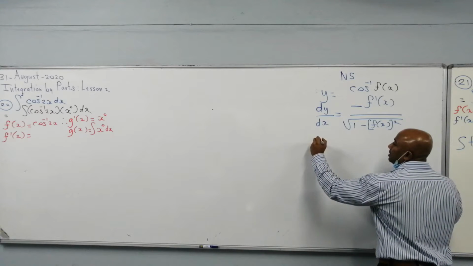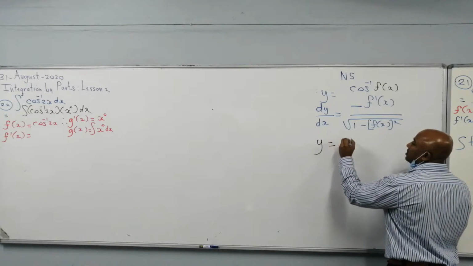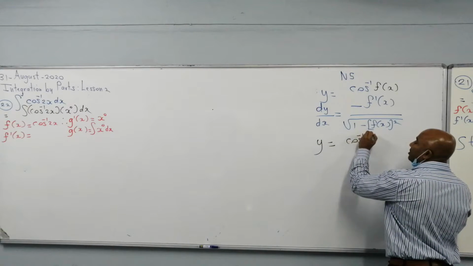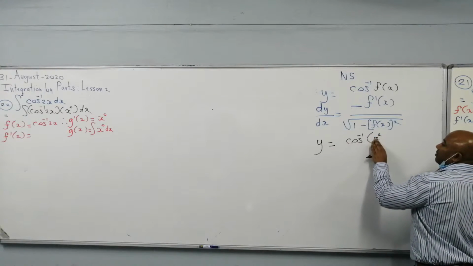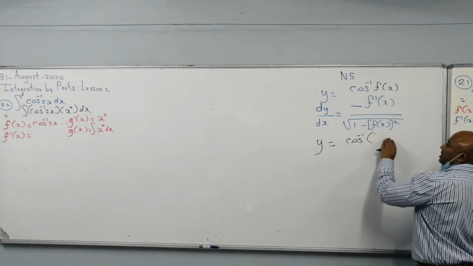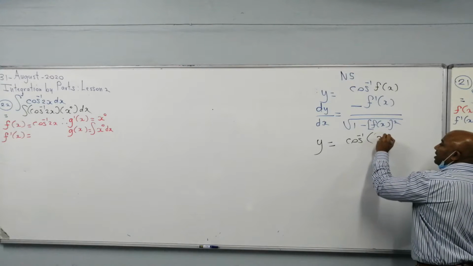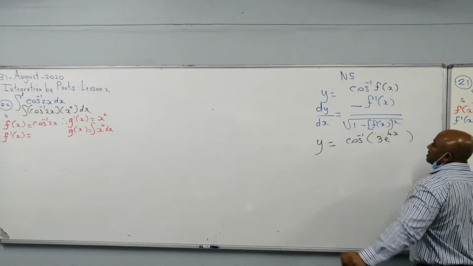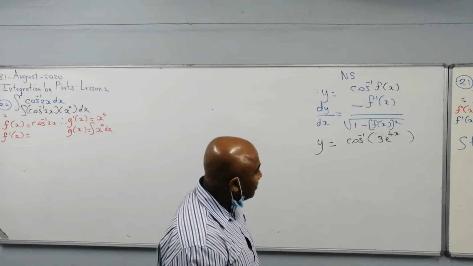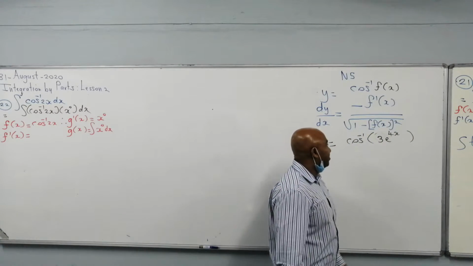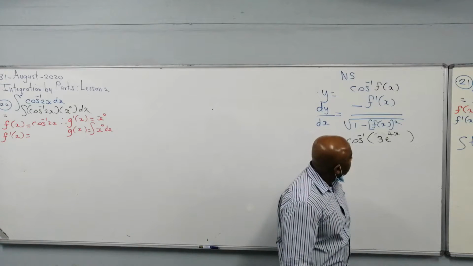Let's take an example. Y is equal to, let's say, inverse cos of x squared. Let me make it more difficult. Let's make it 3e to the power 4x. Let's do this one here. Alright. So if I ask you to differentiate, let me make it more interesting.